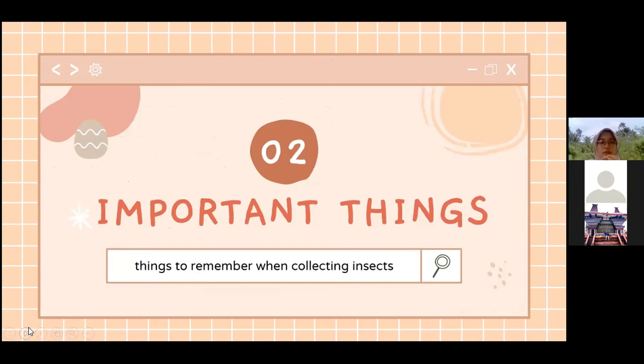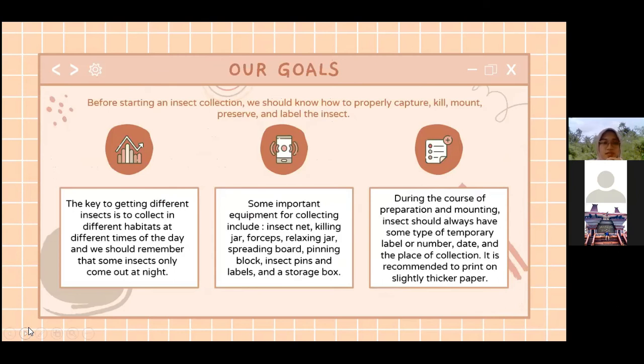And then, an important thing at this topic is what we should know about things to remember when collecting insects. Before starting an insect collection, we should know how to properly capture, kill, mount, preserve, and label the insects.